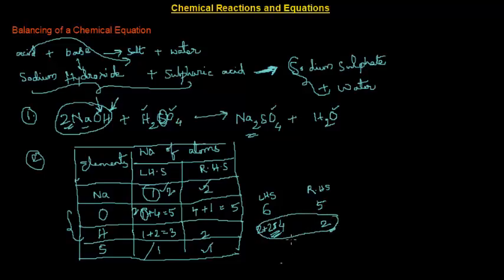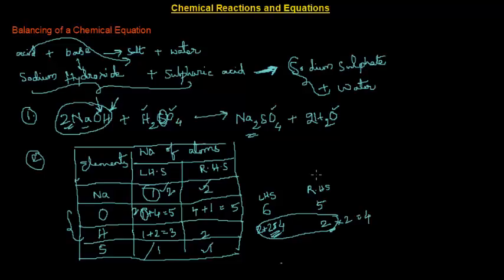So let us try with this one. You have double the amount on LHS than that in RHS. So I am writing 2 here. What happens? Now the hydrogen has increased 2 times. Therefore, 2 into 2, which becomes 4.